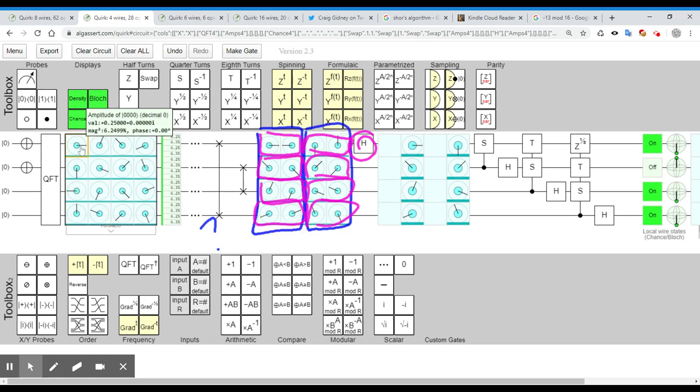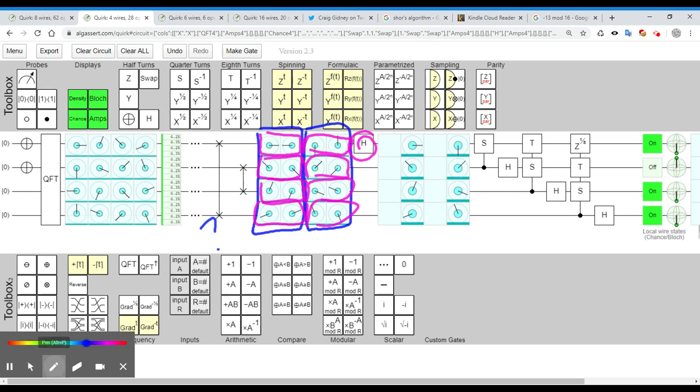Okay, so this one goes here and vice versa. Okay, I get it.